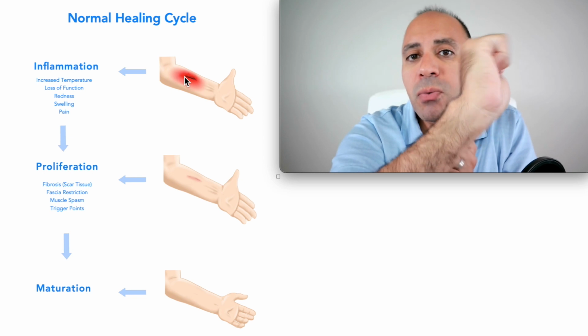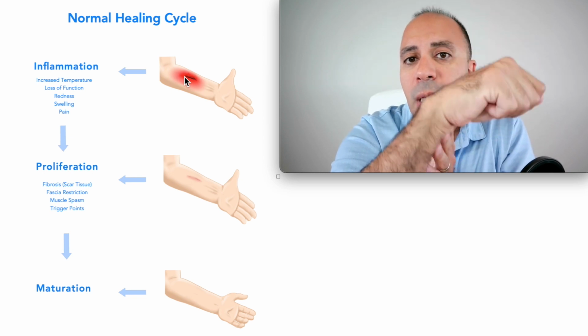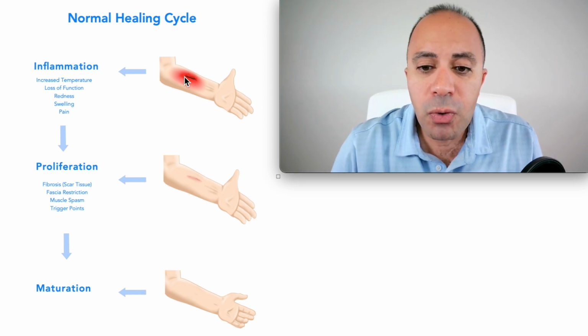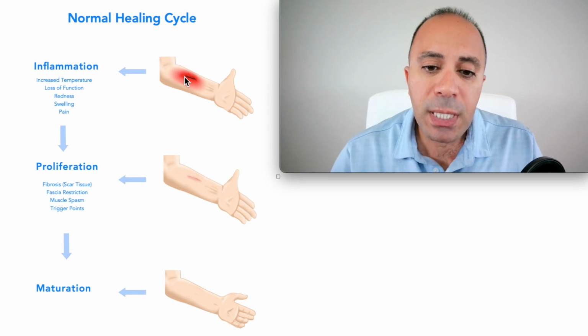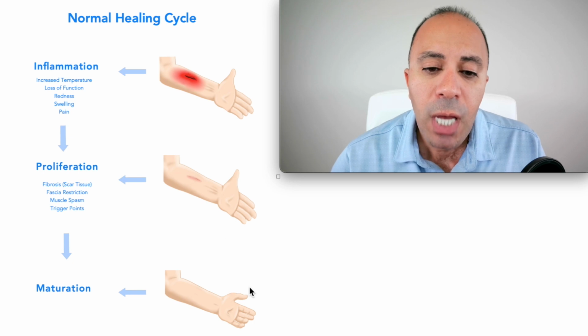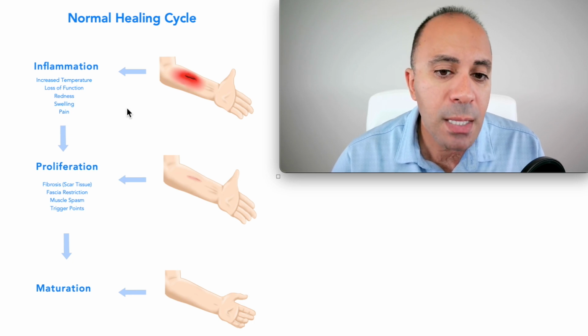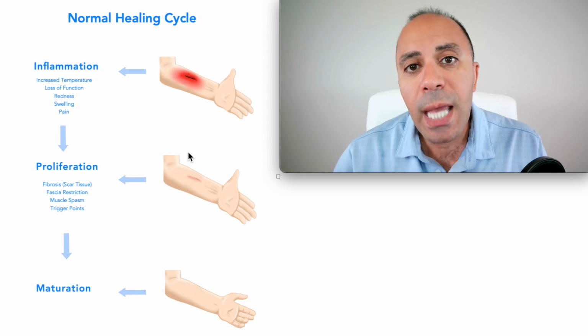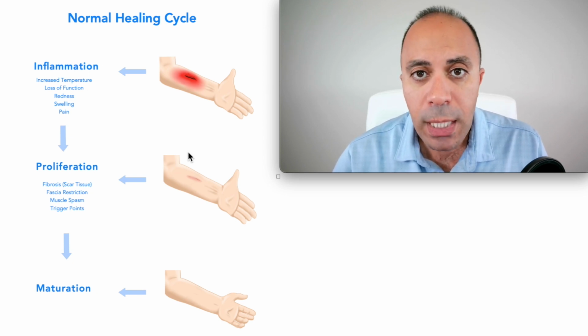So when you stretch with wrist extension or flexion, you don't have enough room to move, and that could cause pain. In the perfect scenario, during the maturation stage, your body should get rid of everything from the proliferation stage and the inflammation stage. That could take days, weeks, months, or years.